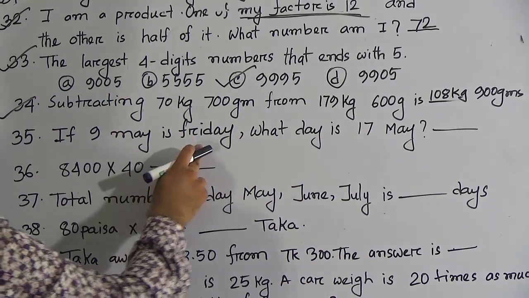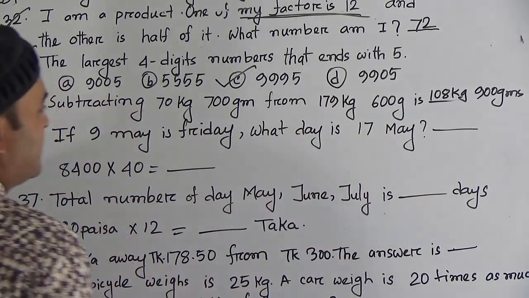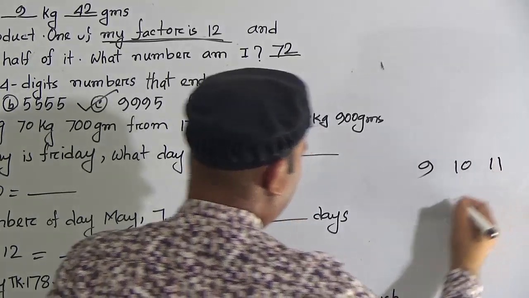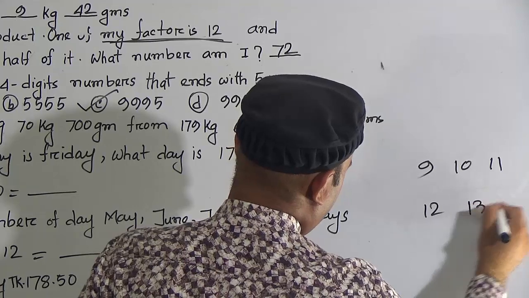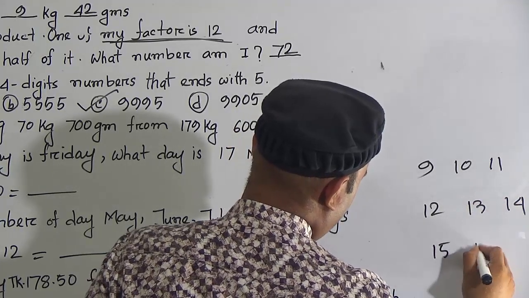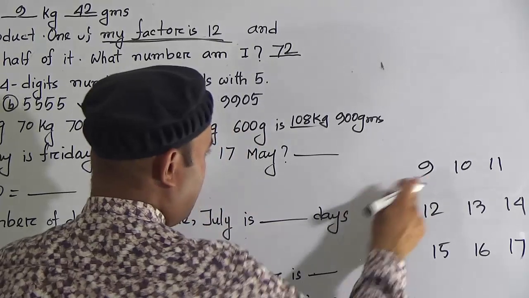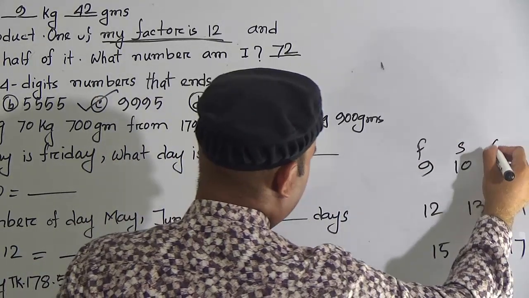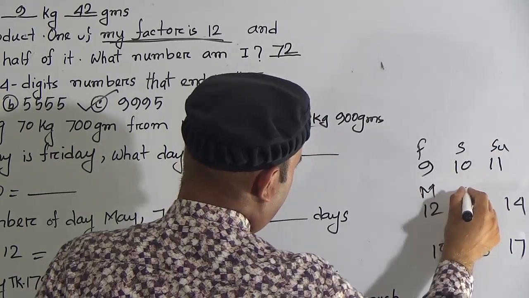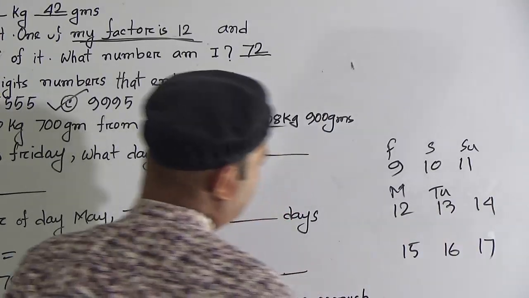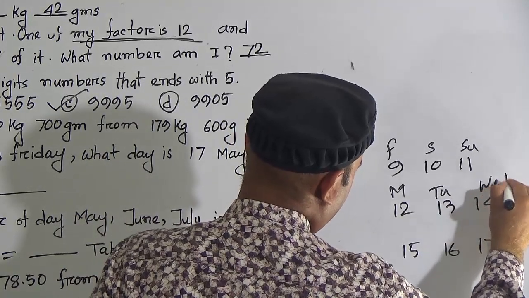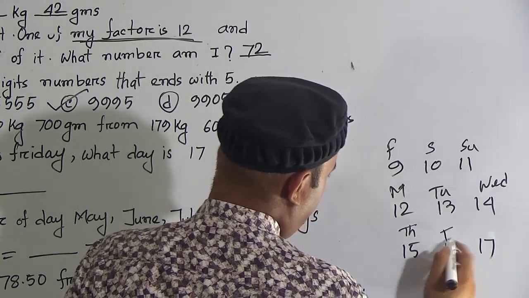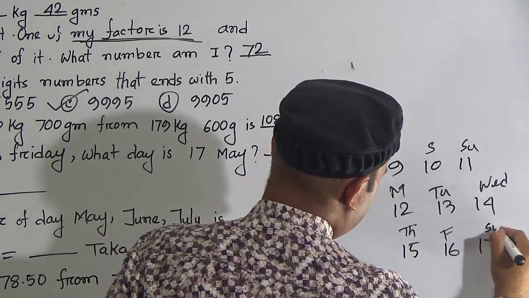Look here, if I write 9, 10, 11, 12, 13, 14, 15, 16 and 17. 9 May will be Friday, then it will be Saturday, Sunday, Monday, Tuesday, Wednesday, Thursday, then Friday, and again it will be Saturday.